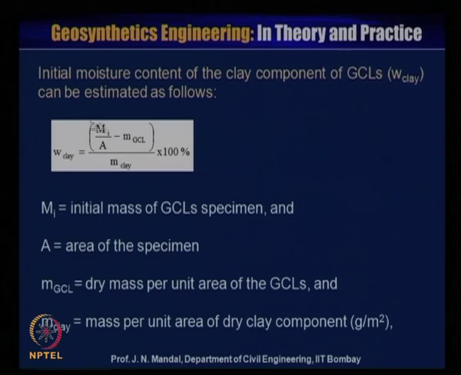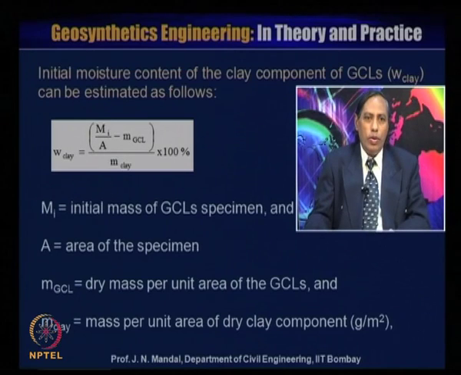Then the initial moisture content of the clay component of the geosynthetic clay liner, or W clay, can be estimated as follows: W clay is equal to (Mi by A minus M GCL) by M clay into 100 percent, where Mi is the initial mass of the geosynthetic clay liner specimen, A is the area of the specimen, M GCL is the dry mass per unit area of GCL, and M clay is the mass per unit area of dry clay component, in gram per meter square.